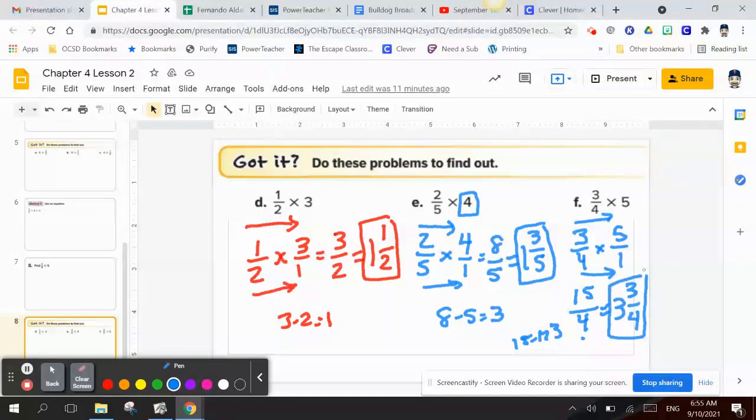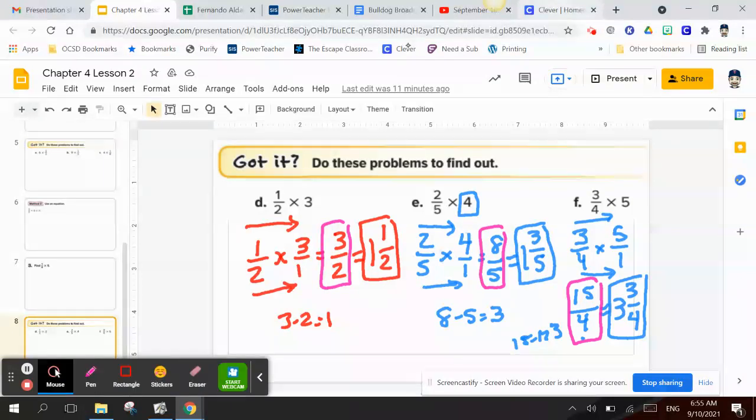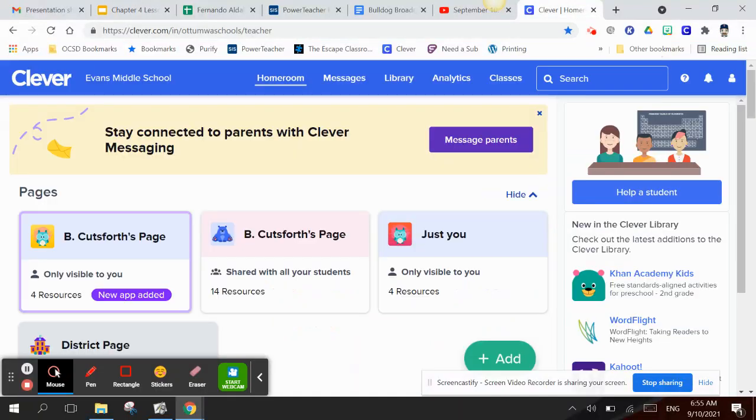Now remember, when you have a mixed number like that, or an improper fraction, such as, and I'll do these in pink, 3 over 2, 8 over 5, 15 over 4. There's a way that you can do this. And I've set up, if you go to Clever, you'll see my page here.